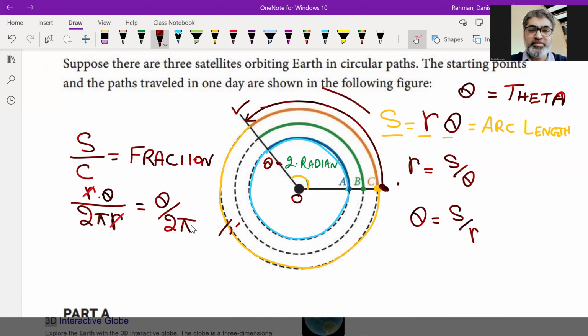Wait, no, the formula? This is the fraction. Let's say this is the fraction that we are talking about after simplification. Did you notice that the radius has already been cancelled? The radius is gone. So it doesn't matter whatever the radius is, the fraction will remain the same.